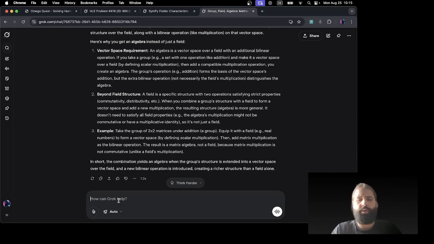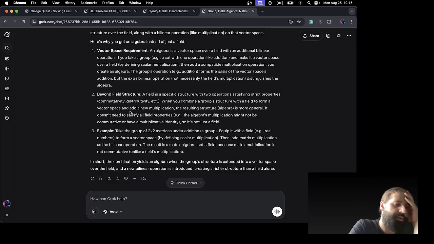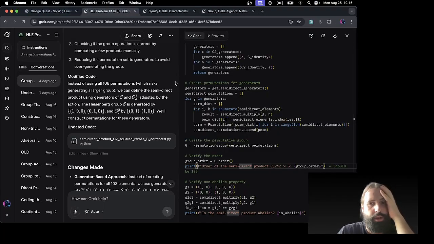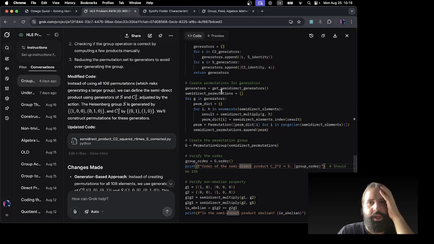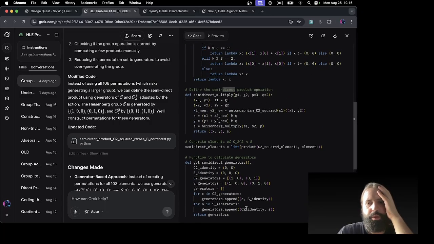Okay, so maybe the reason this happens is because of the nature of G. The elements of G are actually tuples or vectors, right?